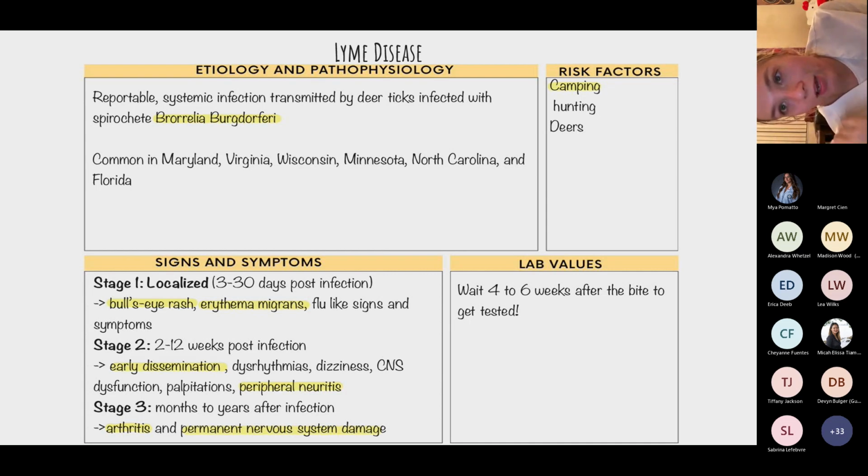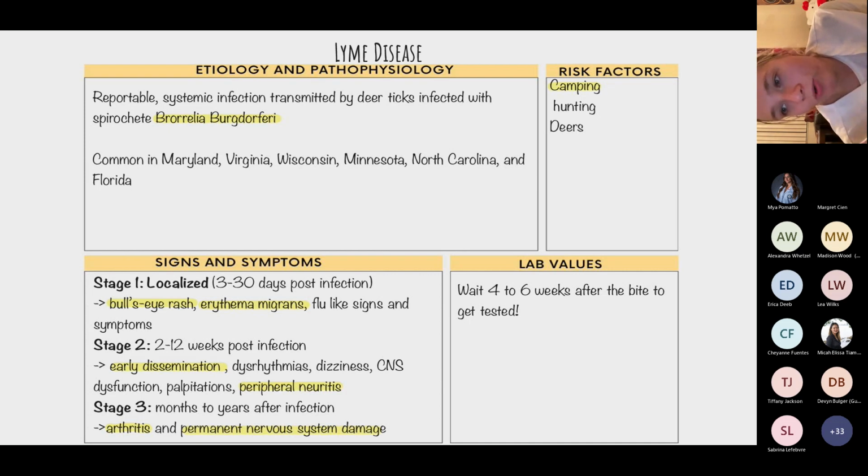Not every tick carries the disease, but usually our deer ticks infected with this B. burgdorferi can transmit the Lyme disease. So in that first stage, we'll see that bullseye rash and flu-like signs and symptoms. In the second stage, you'll start seeing some early dissemination, some more psych stuff. And then finally in stage 3, they're going to have lots of arthritis and permanent nervous system damage.